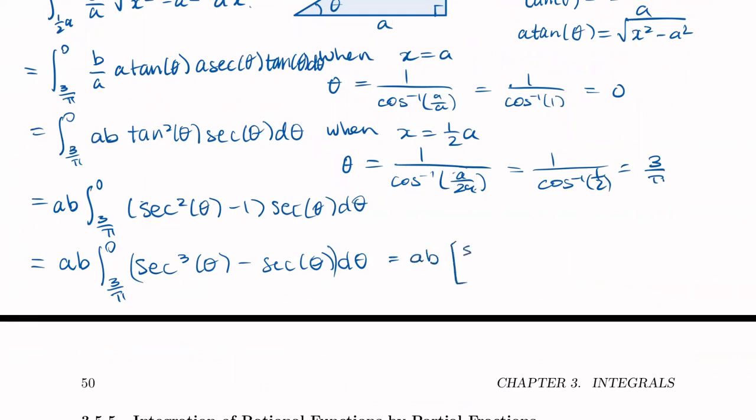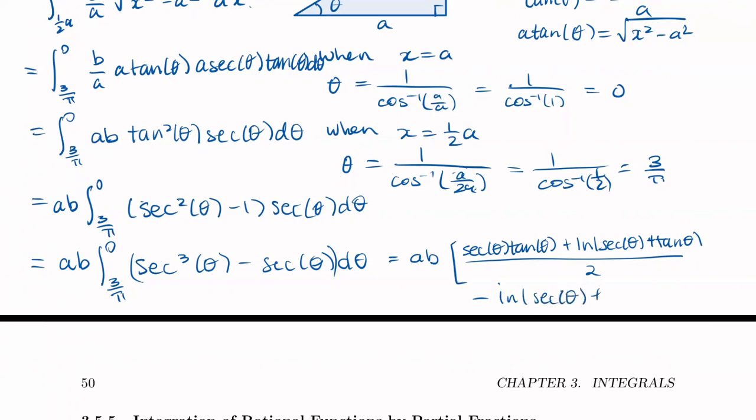times, so that's going to be secant theta tan theta plus the ln of secant theta plus tan theta, all this divided by 2, and then minus the ln of secant theta plus tan theta. And let me make sure that is correct.